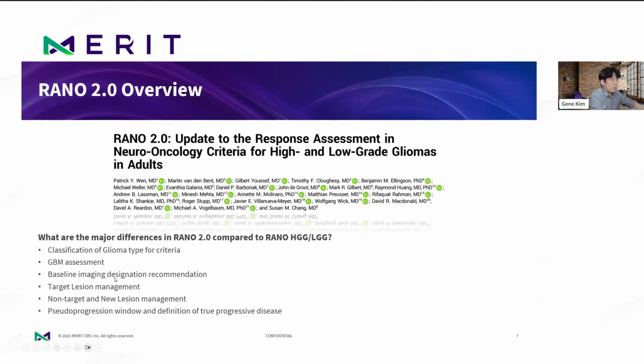Baseline imaging designation is also a big change. And some target lesion, non-target, and new lesion management has been slightly updated for a better algorithm for confirmation of PD and the pseudoprogression considerations. And then also the pseudoprogression window and definition of true progressive disease based upon these target, non-target, and new lesion management.